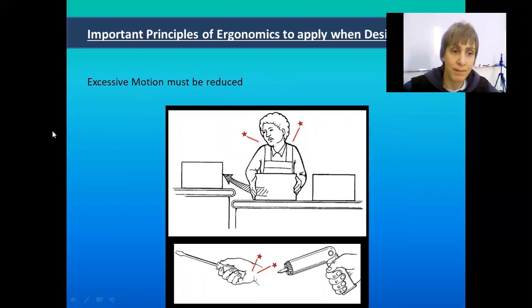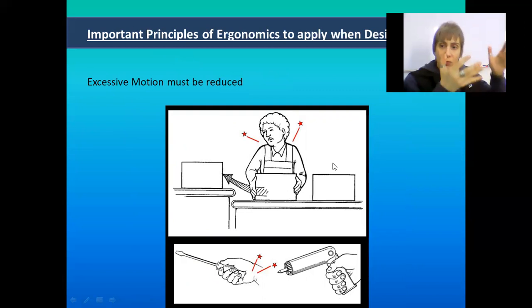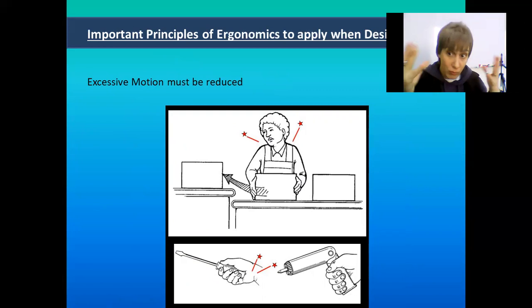Another principle, excessive motion must be reduced. So if you have to keep moving your body, picking up, for example, heavy things, you will get some problems in the joints that you keep using. Your body is made out of a lot of joints, and if you pick up something heavy, it affects certain joints in the body.